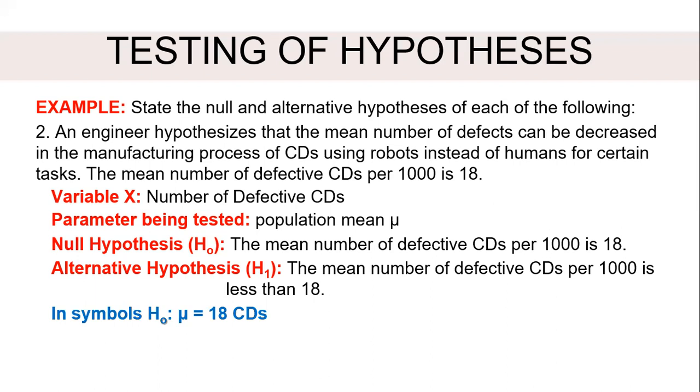If you wish, you could also write the null and alternative hypothesis in symbol form. For example, your H0 could be: your population mean is 18 CDs. And for your HA, because it's less than, your H1 is mu is less than 18 CDs.